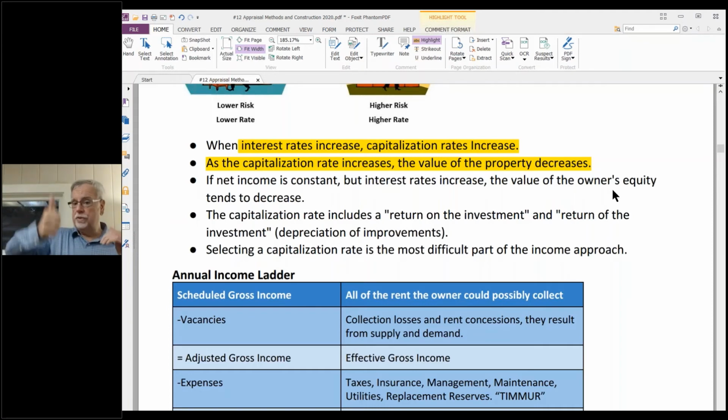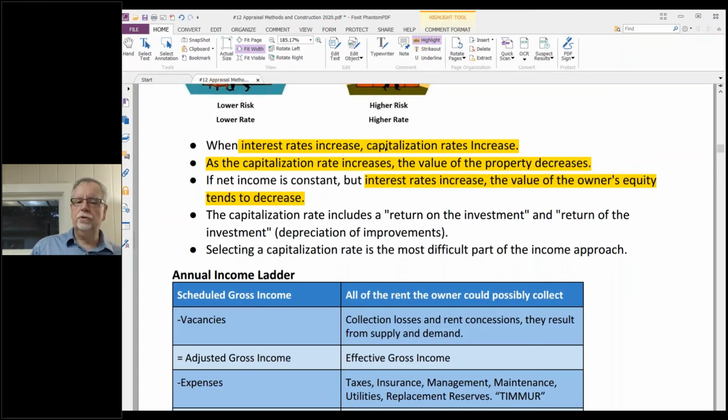If the rate goes up, investors are demanding a higher rate of return, but the property isn't making any more income. So the only way they can get a higher rate of return is if the value goes down. If net income is constant but interest rates increase, the value will go down. Why?